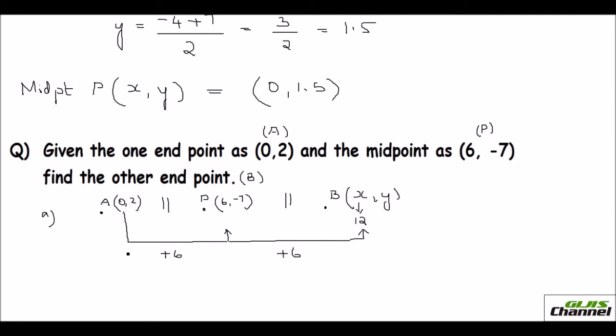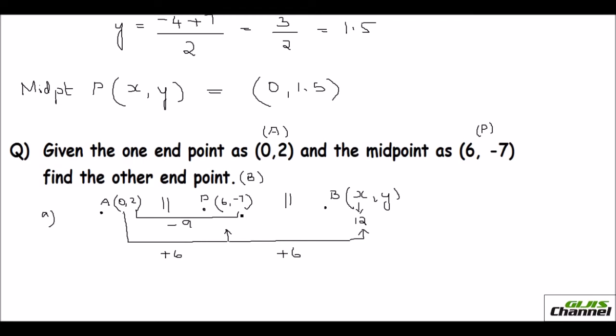Now look at the y coordinates. Here it was 2, and from 2 to this y it is negative 7. How many units have you gone? From 2 to 0 it is 2 units, and from 0 to negative 7 it is 7 units. So you have taken away 9, it is minus 9. 2 minus 9 will give you minus 7.